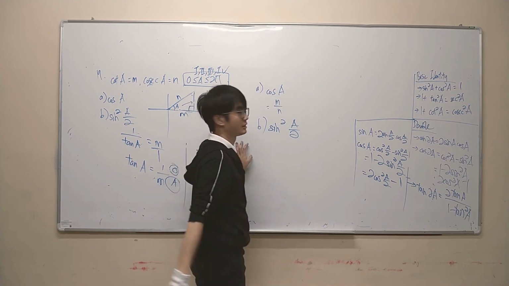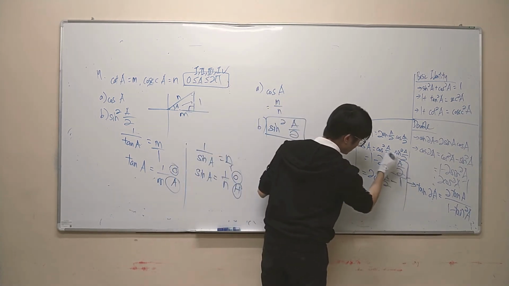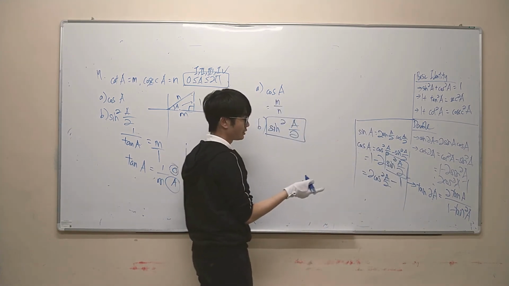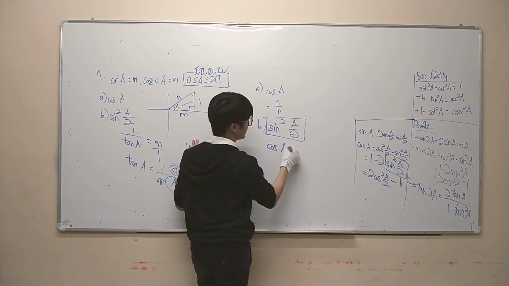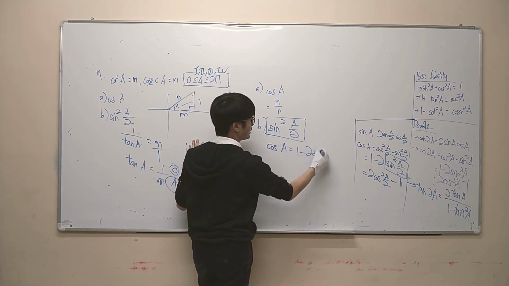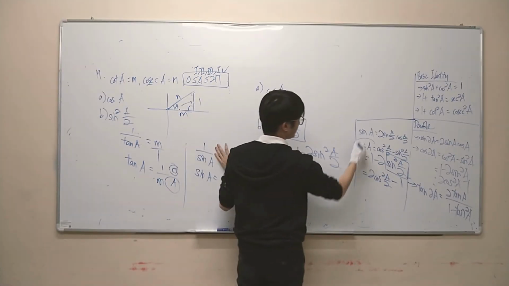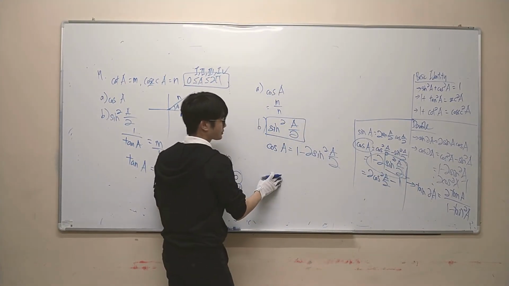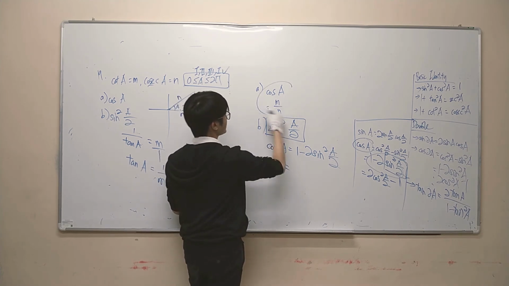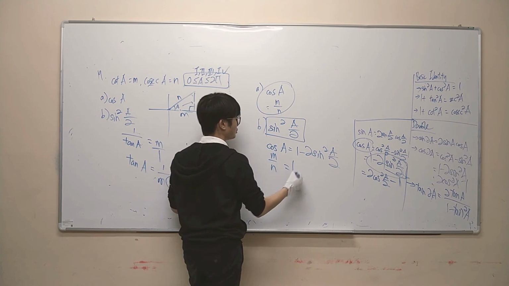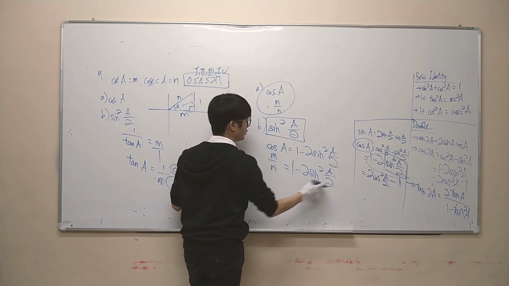Why I do it like this? Look here. Sin square A over 2. Right? Okay. So how to do? Cos A equals 1 minus 2 sin square A over 2. Use this formula. And then what you do? You start to move. Okay, cos A you already know is m over n. So m over n equals to 1 minus 2 sin square A over 2. So it is negative.